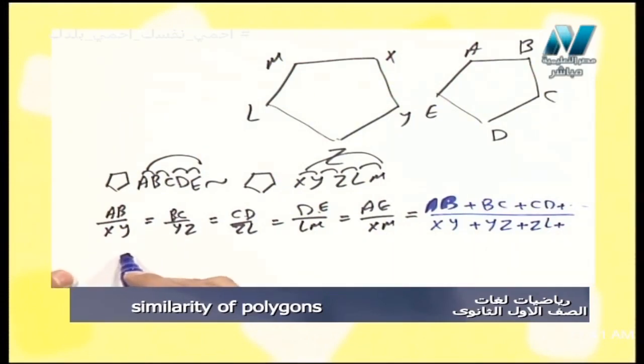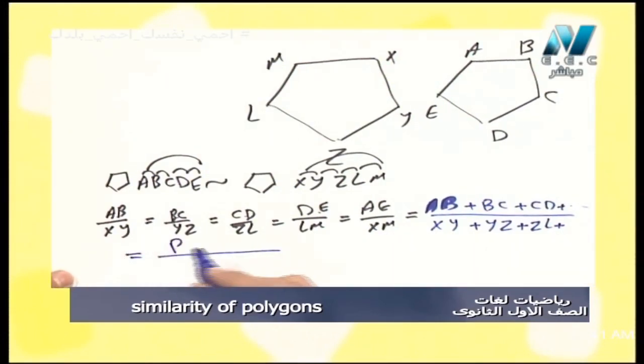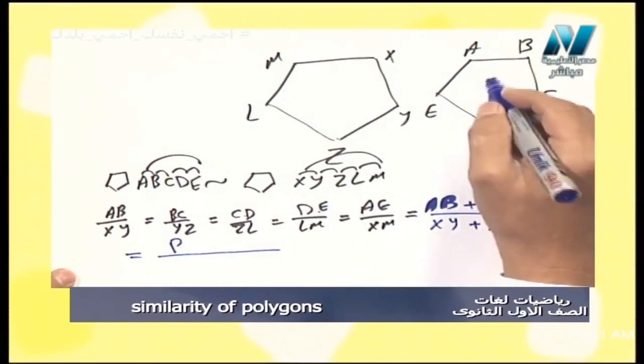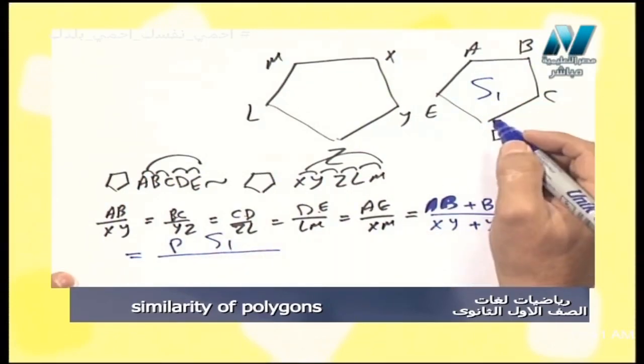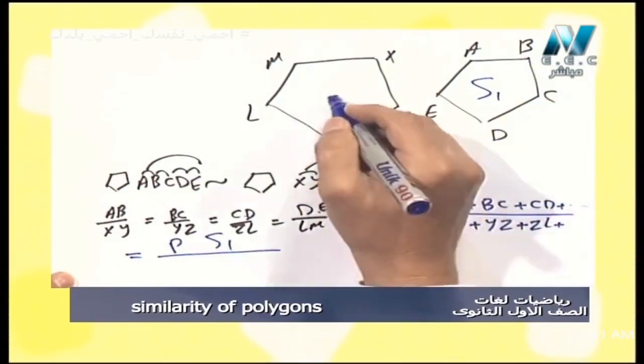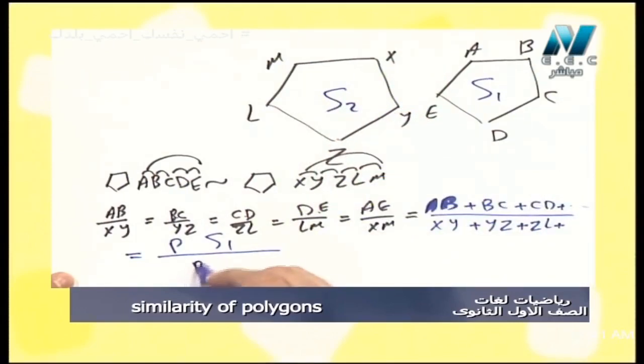So, of course, the result will be the perimeter of S1, we call this pentagon S1, over the perimeter of S2.